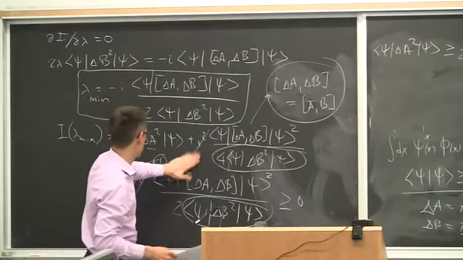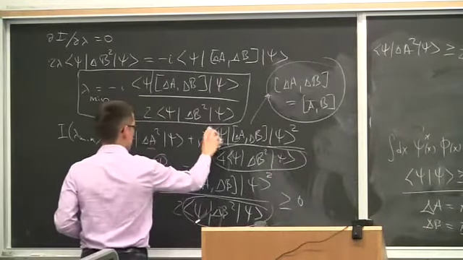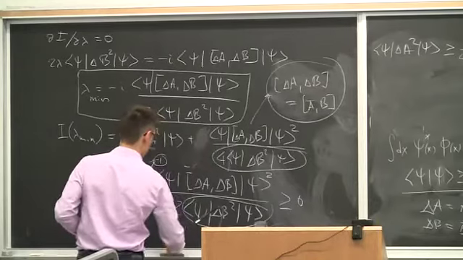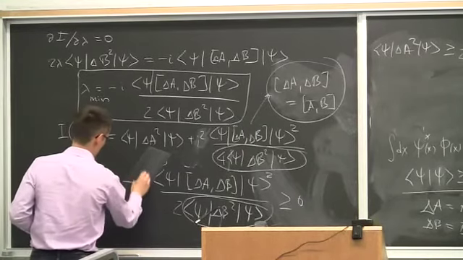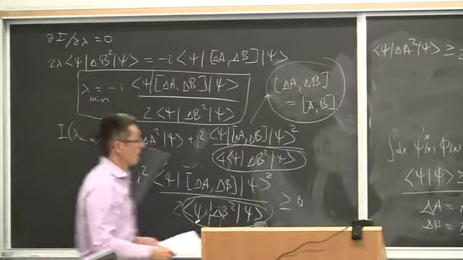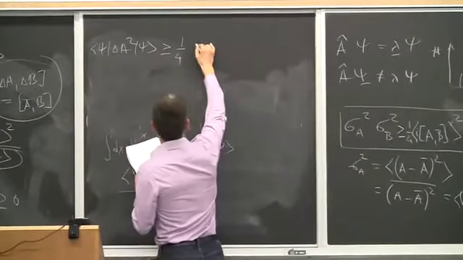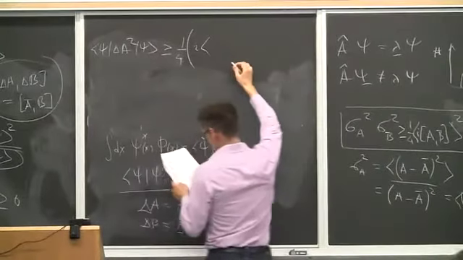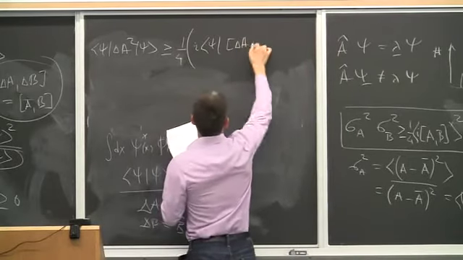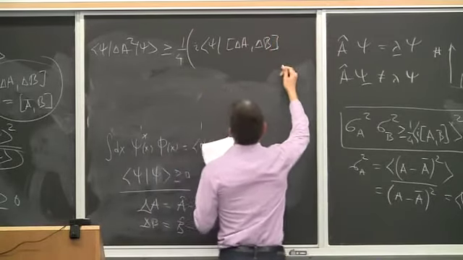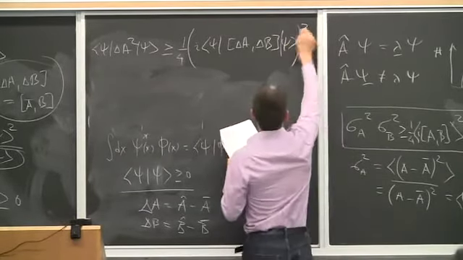Let's just keep i's for now, because then we can put them inside of these squares. And so we will get 1/4 of I inside of the squares, and then psi delta A, delta B squared, right?